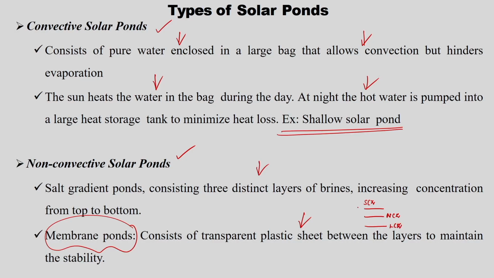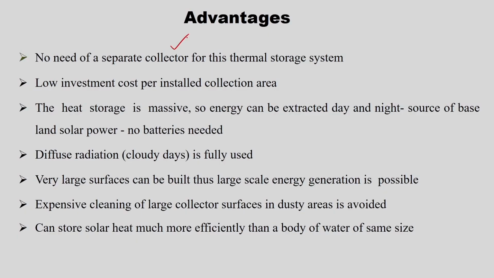So, this is based on thermostratification, the layers become stable, but still we cannot expect them to be stable because of the temperature gradient. So, for that purpose a transparent plastic sheet between the layers is kept to maintain the stability.